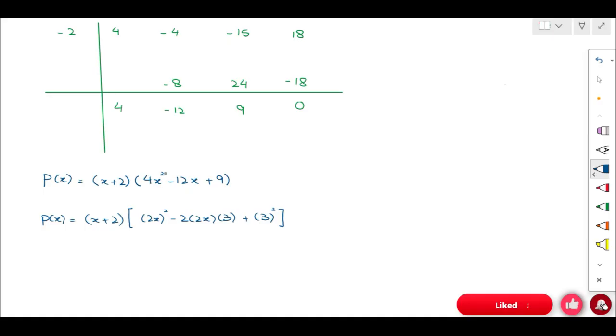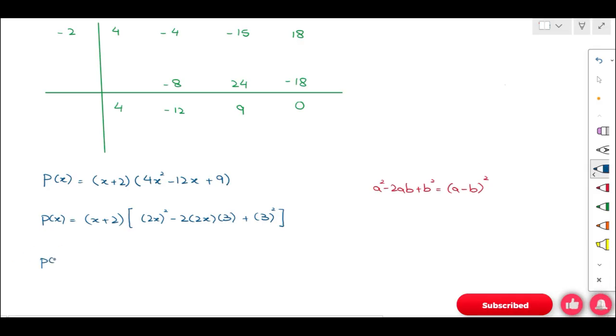So 2x whole square is 4x square, minus 2 times the first term 2x and the second term 3: 2 times 2 is 4, 4 times 3 is 12, so negative 12x, and 3 square is 9. So this is a square minus 2ab plus b square. If I close this formula, it is a minus b whole square. You will get the second factor.